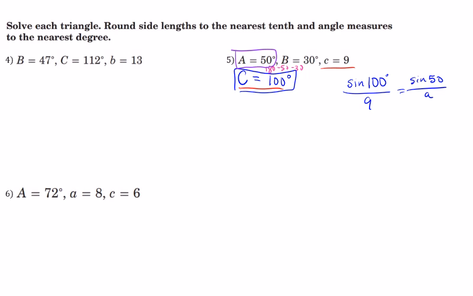Now I'm going to cross multiply. It's going to be A sine of 100 equals 9 sine of 50. Then we'll divide both sides by sine of 100 to get A by itself.